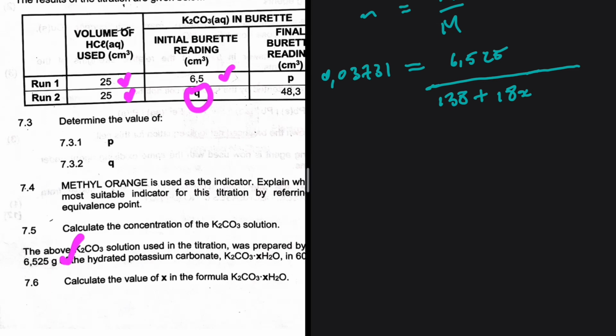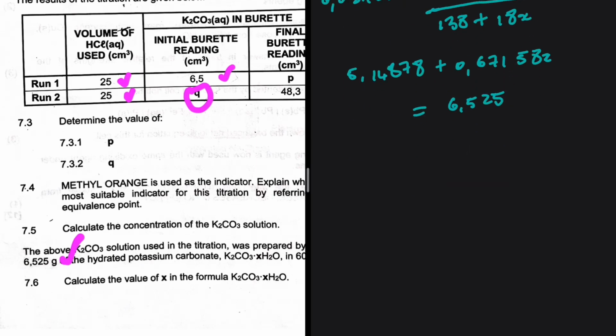0.03731 multiplied by 138. So I'm getting 5.14878 plus 0.03731 multiplied by 18X, plus 0.67158X is equal to 6.525.